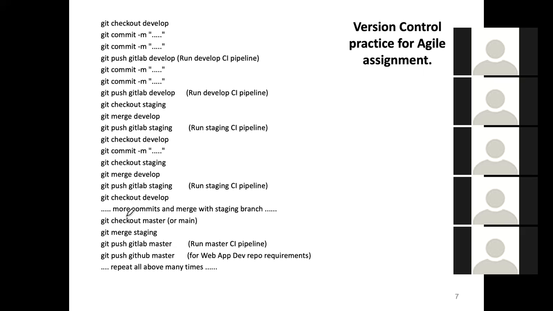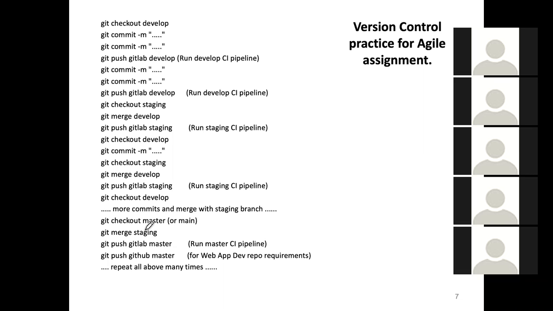Eventually, it would be time after you've merged into the staging branch. Maybe you should check out the master branch as well, slightly less frequently than you would be checking out the staging branch. Check out the master branch and merge the staging into the master branch.